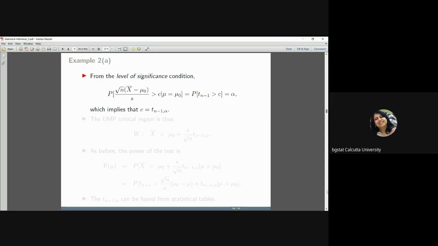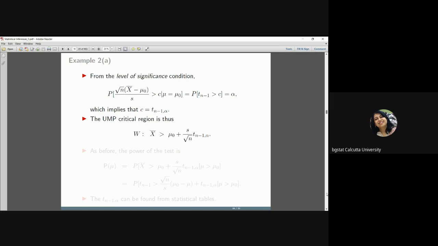But we just saw that this quantity, if mu is equal to mu naught, will follow a t distribution with n minus 1 degrees of freedom. So we need to use the condition that the probability of t with n minus 1 degrees of freedom greater than c is equal to alpha, and solve for c based on this requirement.